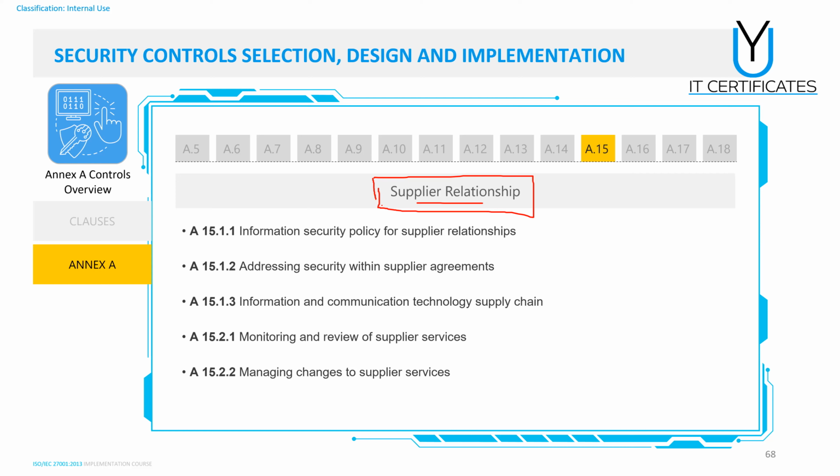If any link is missing in between, then all your services will be affected, and this will affect one of the important security concepts, which we call availability. Your data or your service will not be available because the supplier was not able to provide, for example, the raw materials, or maybe the desktop or a software or whatever.